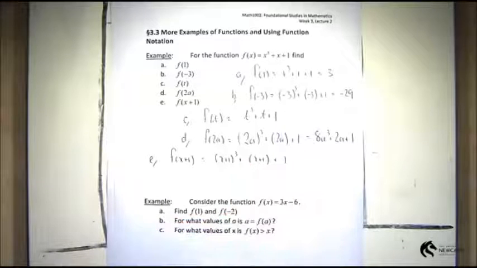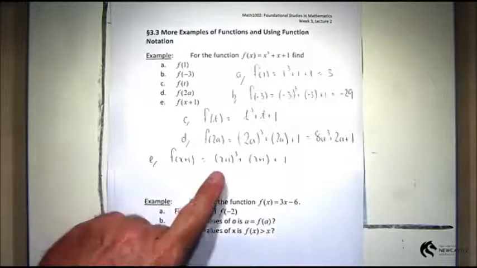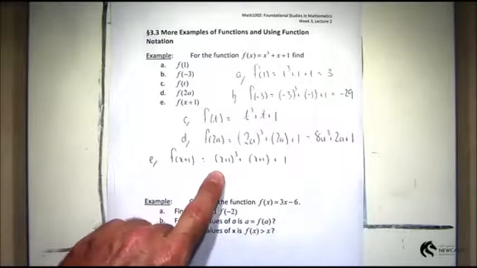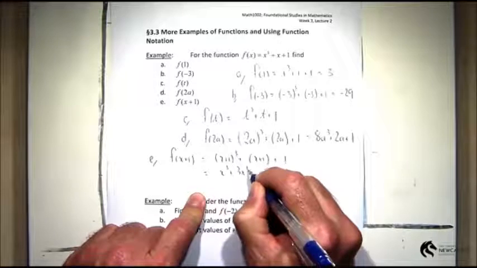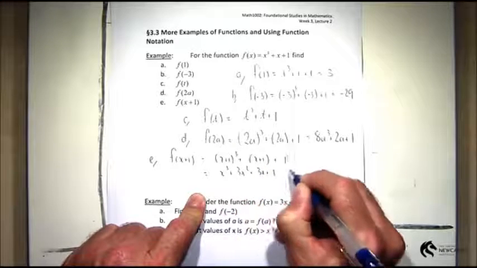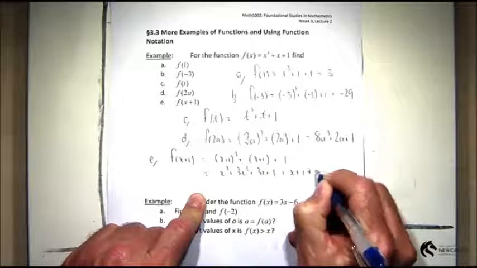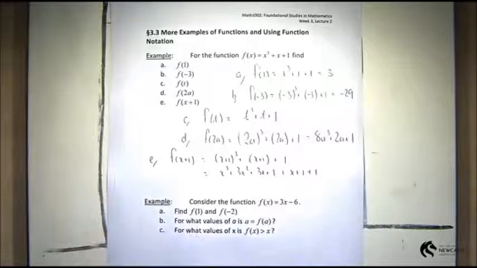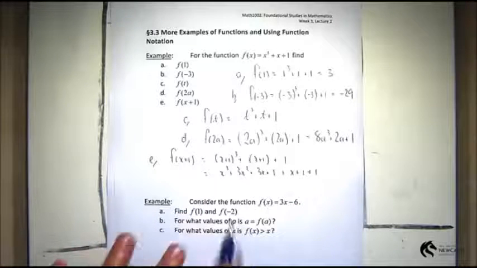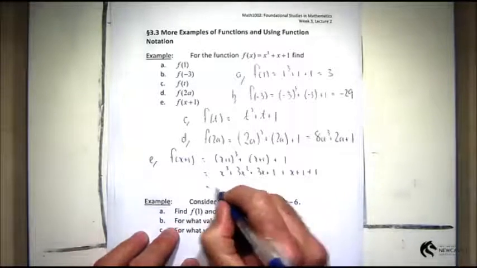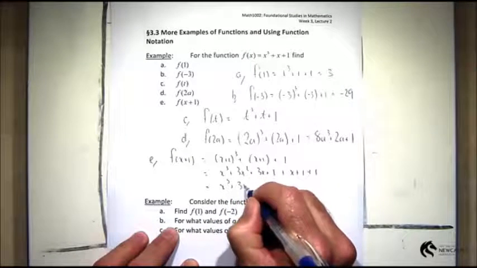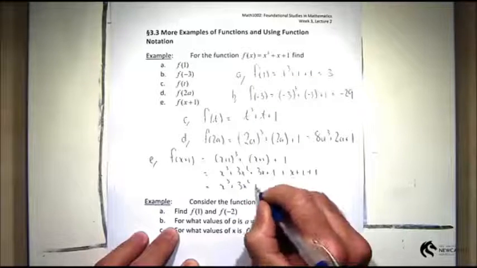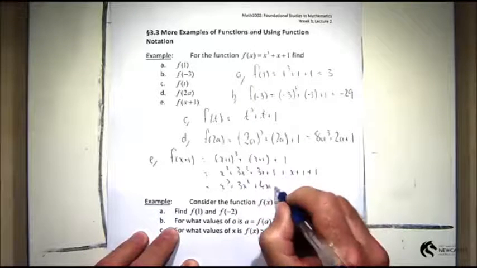Now, in this case, I can do some algebra and expand that out. I will get x cubed plus 3x squared plus 3x plus 1 plus x plus 1 plus 1. If I now collect like terms, I will have x cubed plus 3x squared plus 4x plus 3.